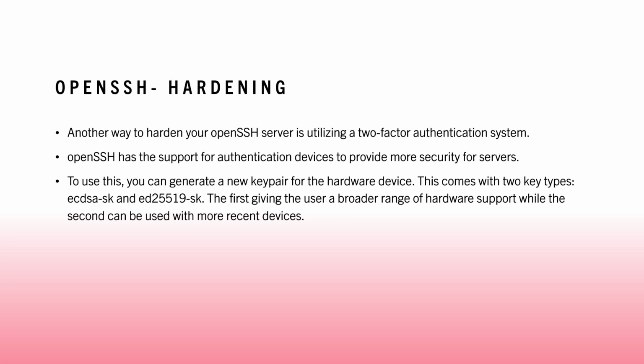This comes with two key types, ECDSA-SK as well as ED25519-SK. The first gives the user a broader range of hardware support, while the second can be used with more recent devices.